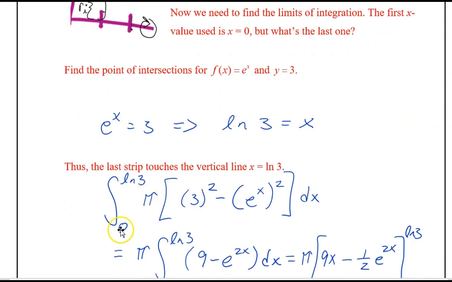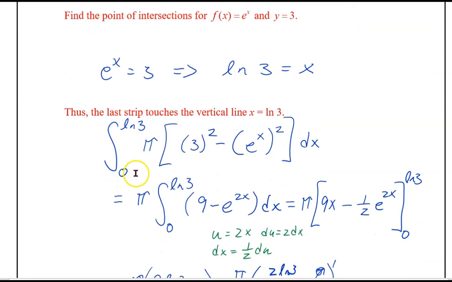That means we go from x equals 0 to x equal the natural log of 3, pi times outer radius squared minus inner radius squared. Outer radius is 3. We square it to get 9. The inner radius is e to the x. We square that, and by exponent rules, we get e to the 2x.